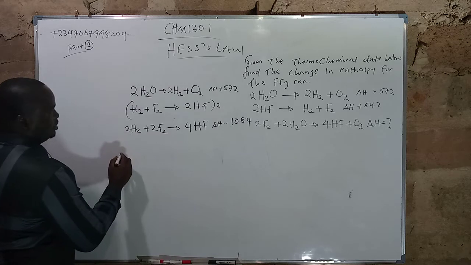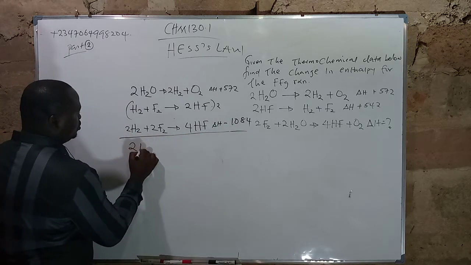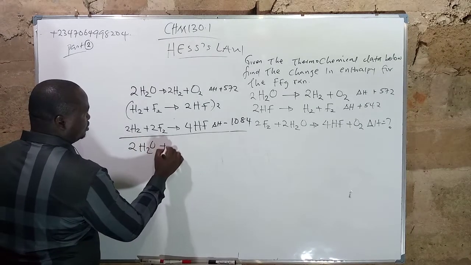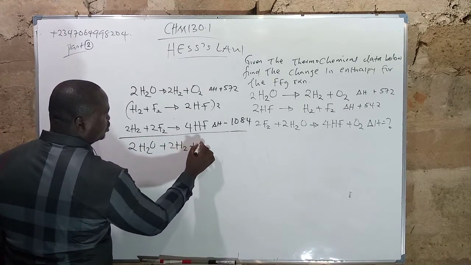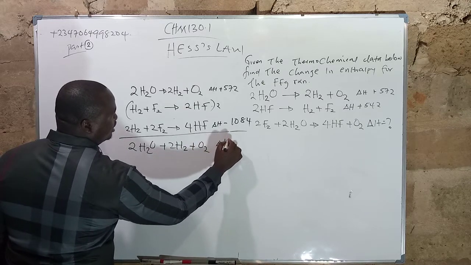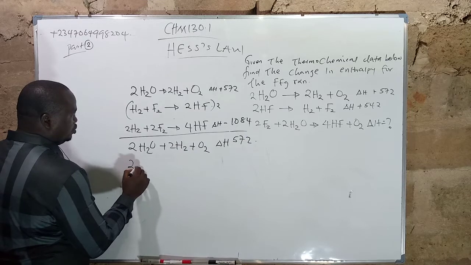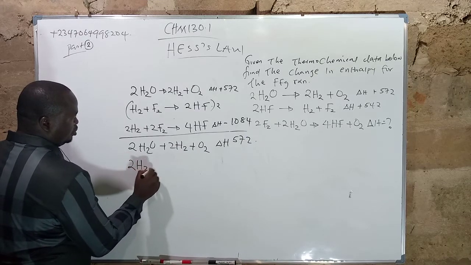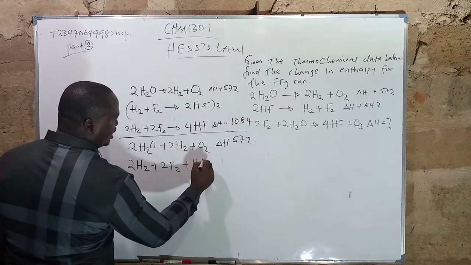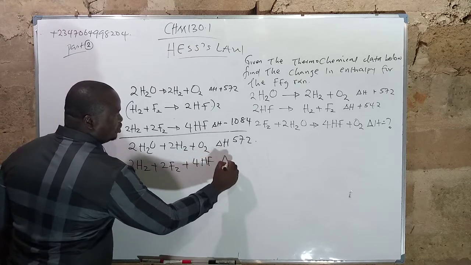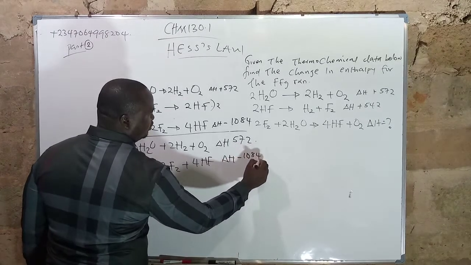Let me write this out so that you are not confused. Here is 2H2O gives 2H2 plus O2, with delta H of 572. Then you have this one: 2H2 plus 2F2 gives 4 hydrogen fluoride, with delta H of minus 1084.